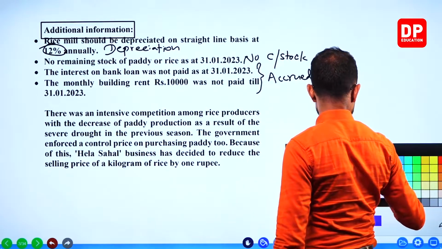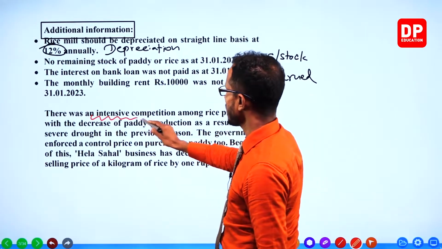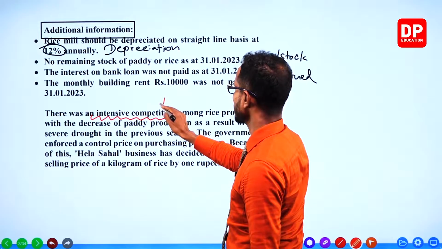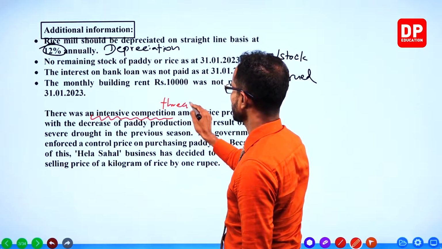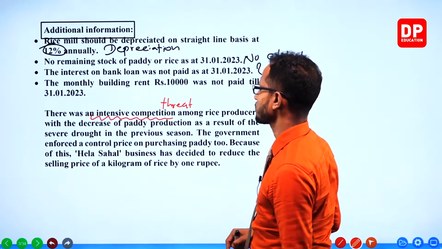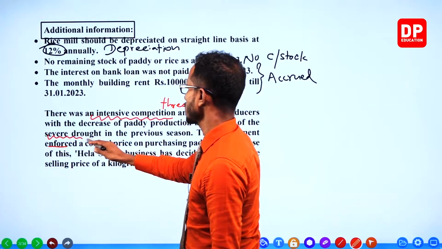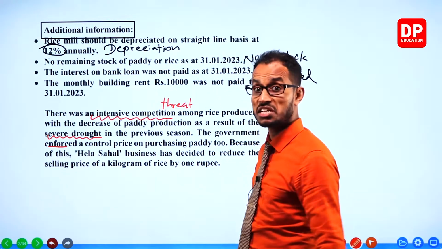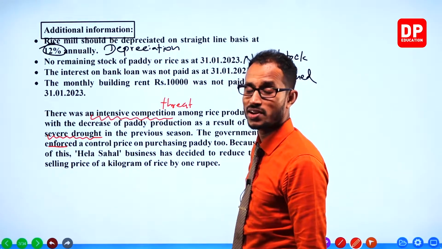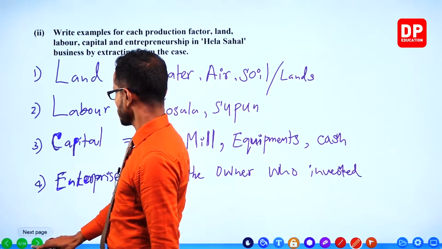There we go. This is a barrier, isn't it? Intensive competition is a threat. Drought. Natural threat. Drought. So we can write those things.